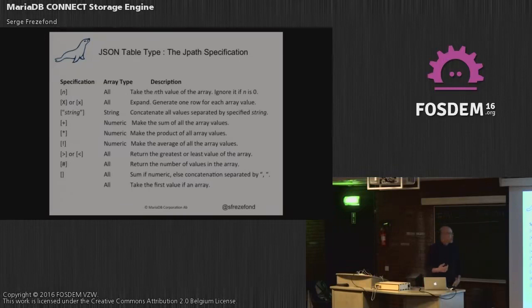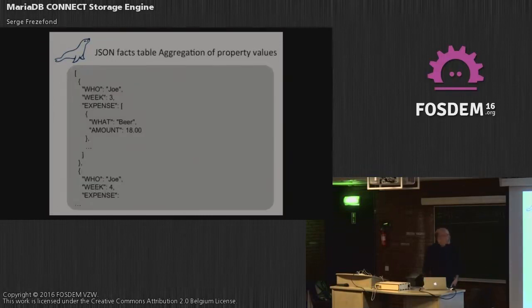For example, you can have the sum, the average, and so on, the number of elements of your JSON content. If you have a list of facts that express expenses, with who, when, and an expense, you might want to do some aggregation on your JSON content.